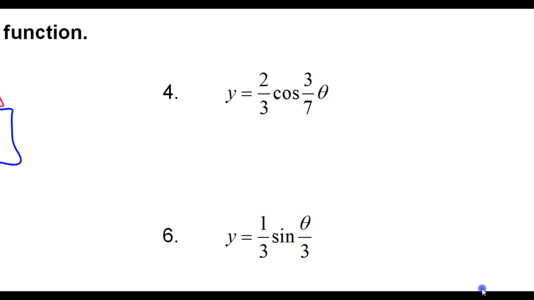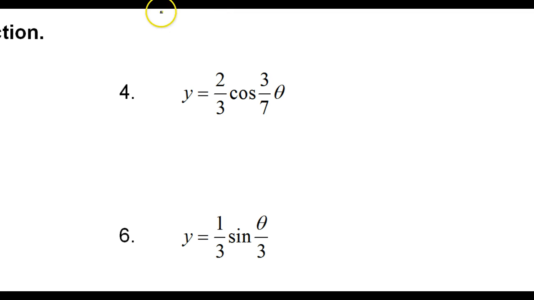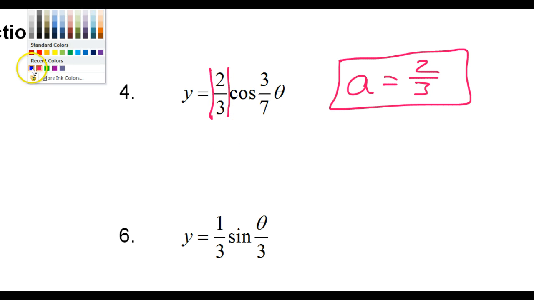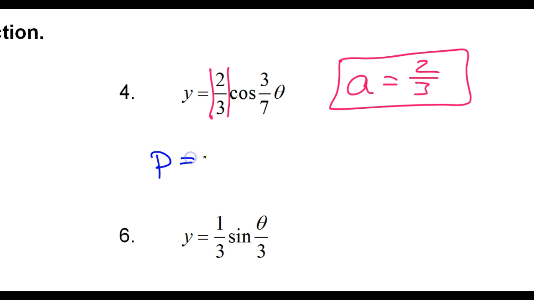Okay, look at number 4. The amplitude is 2/3 because of this right there. It's just the absolute value of 2/3. Now the period is going to be 2 pi divided by this b value. So it's 2 pi divided by 3/7.